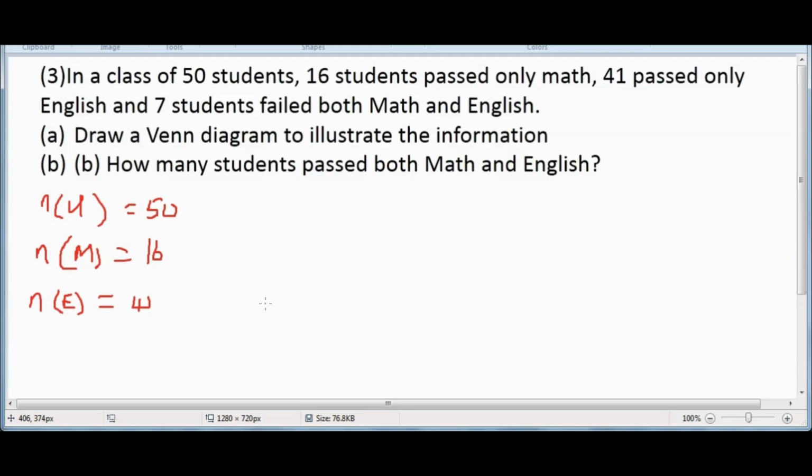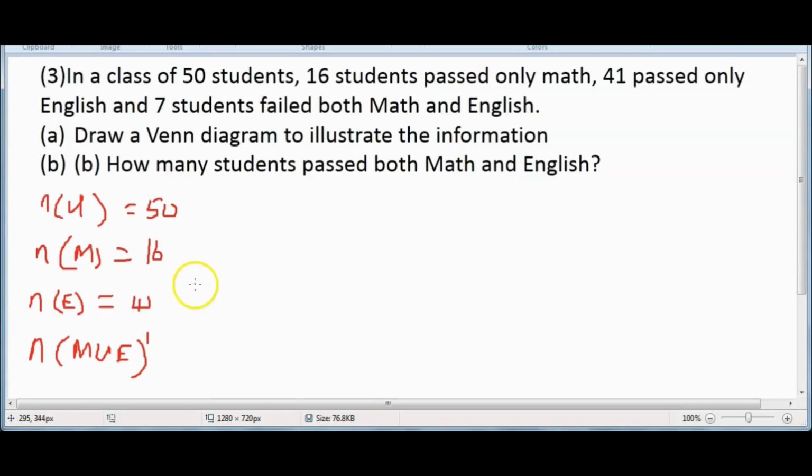So we can write n of (M union E) complement. How many students pass both math and English? That number is not known.